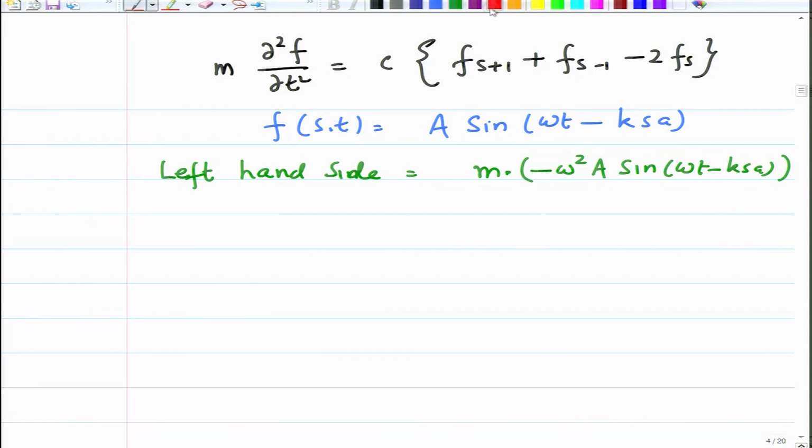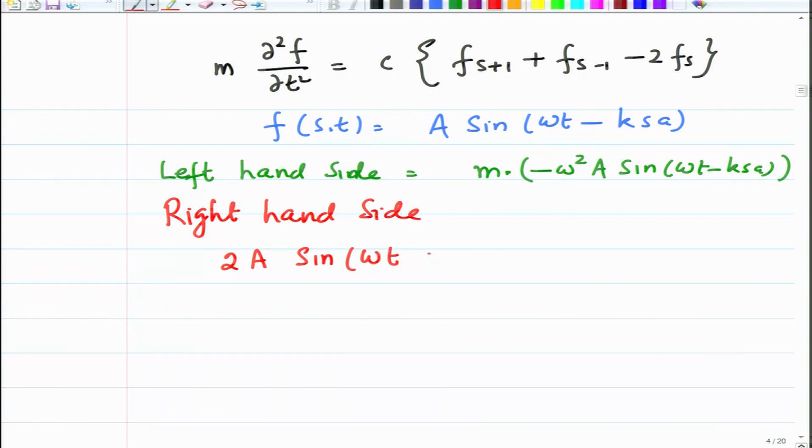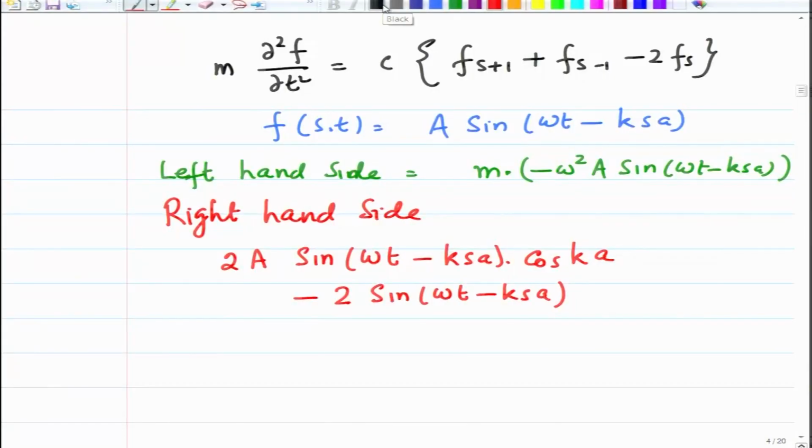And the right hand side, which we calculated just now, is 2A sine of omega t minus k S A times cosine of k A, and the last term, which I had not included in the previous slide, is minus 2 times A sine of omega t minus k S A. This simplifies to 2A sine of omega t minus k S A times cosine k A minus 1.